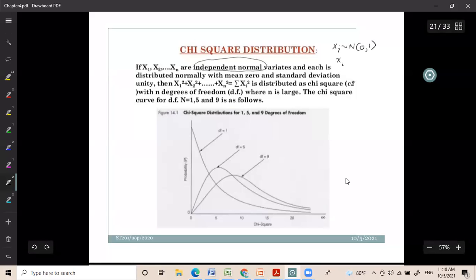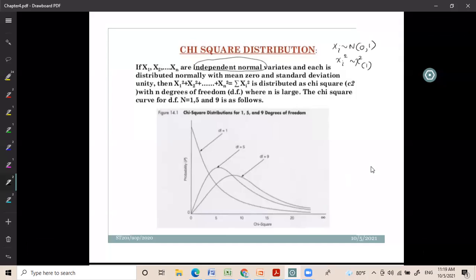Then when you square it, you will end up with a chi-square distribution with degrees of freedom 1. Again, if your x is standard normal, when you square it, it becomes a chi-square density with degrees of freedom 1.